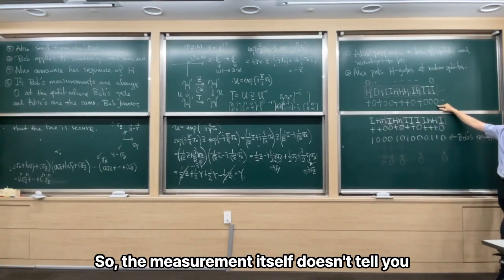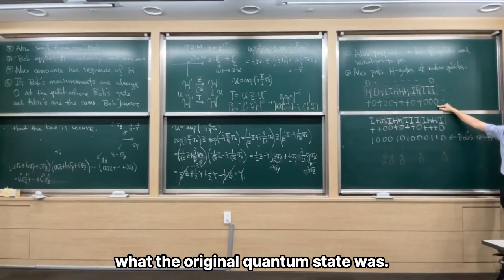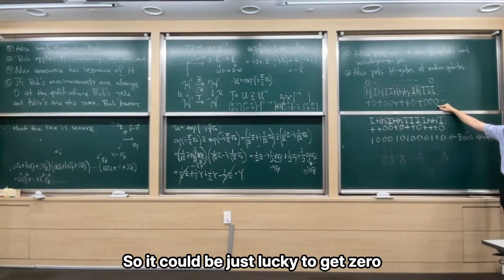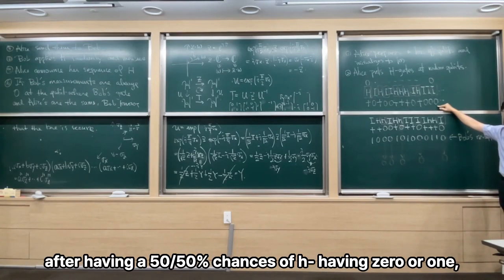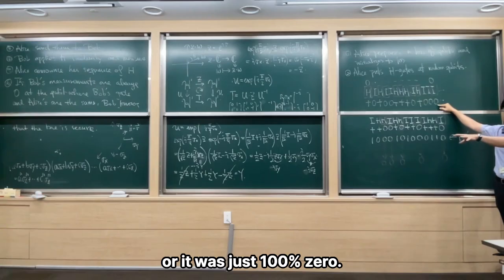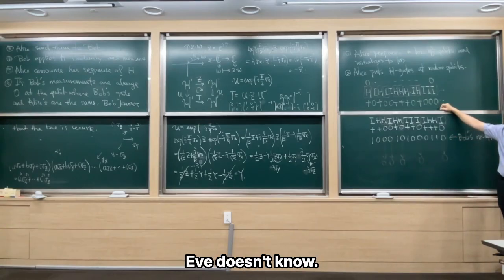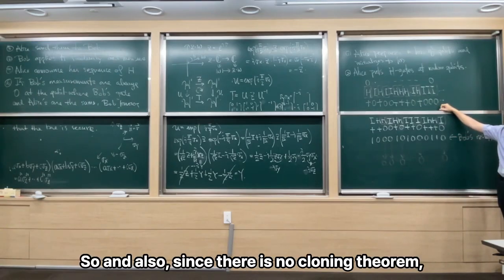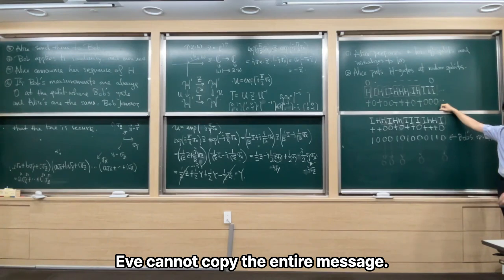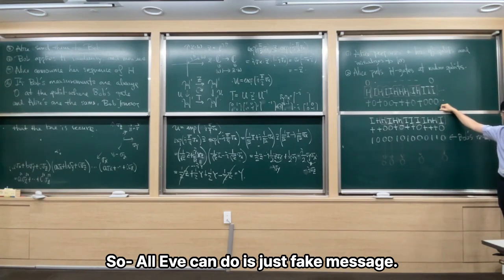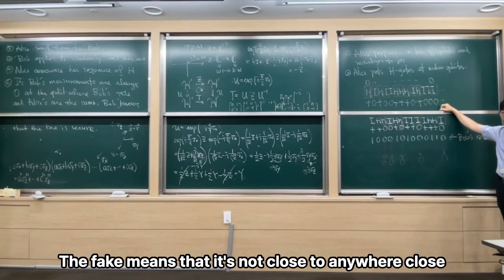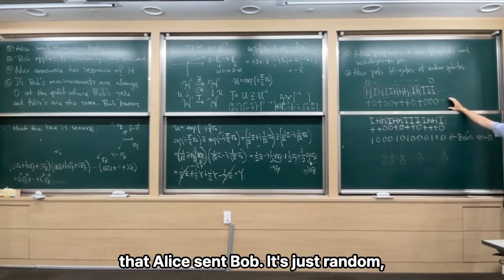So the measurement itself doesn't tell you what the original quantum state was. It could be just lucky to get the 0 after having 50-50% chances of 0 or 1, or it was just 100% 0. Eve doesn't know. Also, since there is the no-cloning theorem, Eve cannot copy the entire message. So all Eve can do is fake a message. Fake means that it's not anywhere close to the original message that Alice sent to Bob.